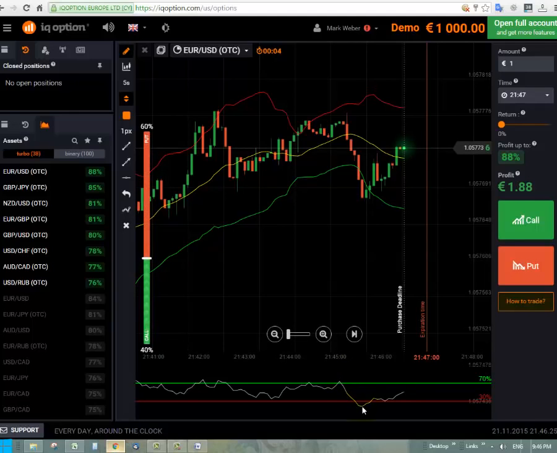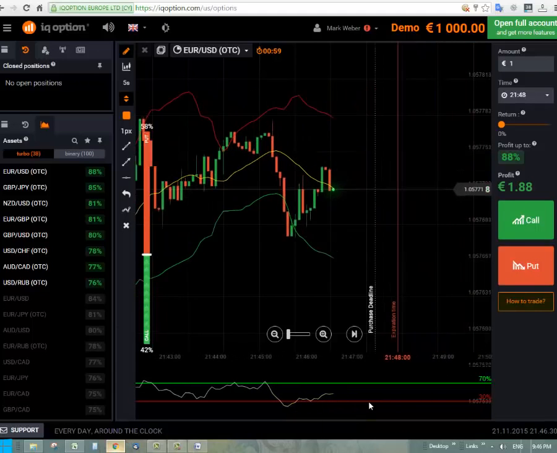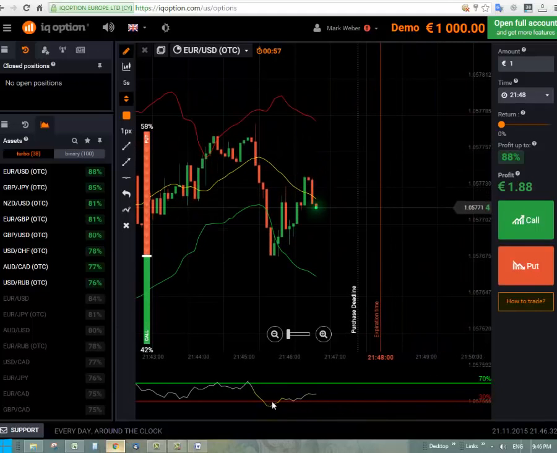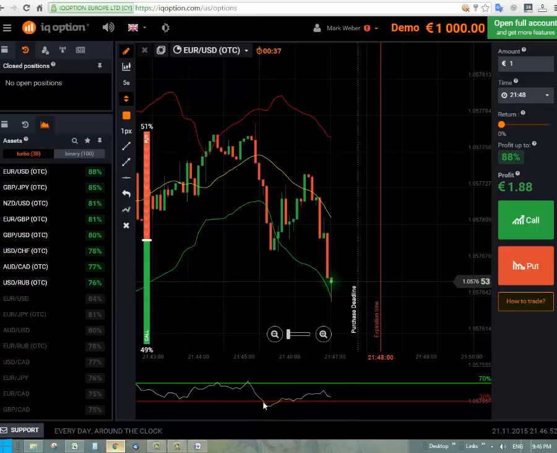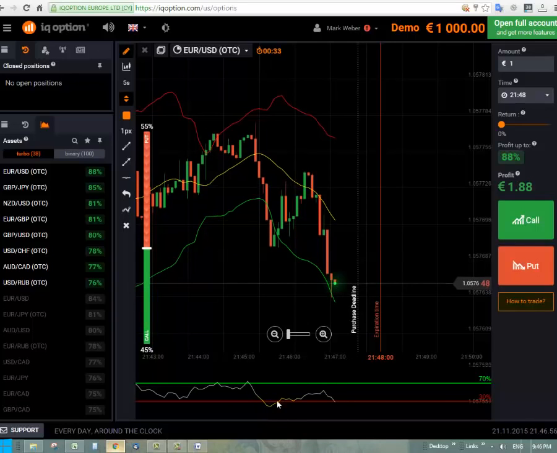And when the price of the asset goes below the 30% line, that means that the asset is oversold. That tells us about the trend. If something is overbought, then we will expect a change on the trend, as you can see here. And if an asset is oversold, then we will expect an uptrend, as you can see also here.